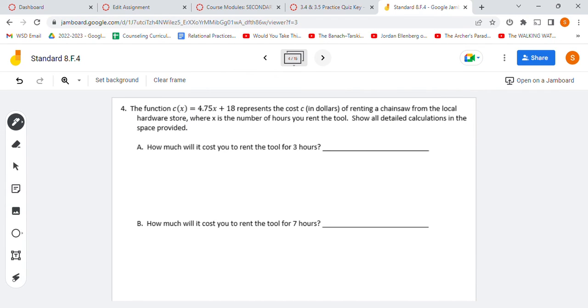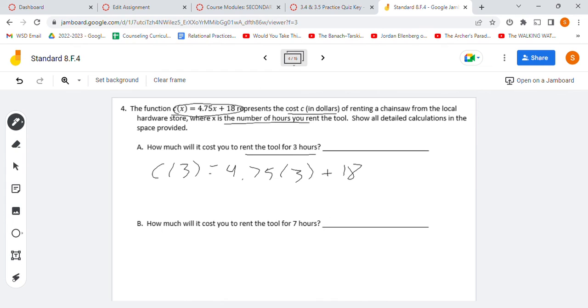On our last set of questions right here, we need to use this equation to answer a couple of questions. C of x is the cost, and x is the number of hours that we rent the tool. So for part A, we rent the tool for 3 hours. That means we need to plug in a 3 for our x. That's going to happen on both sides. So we get 4.75 times 3 plus 18.